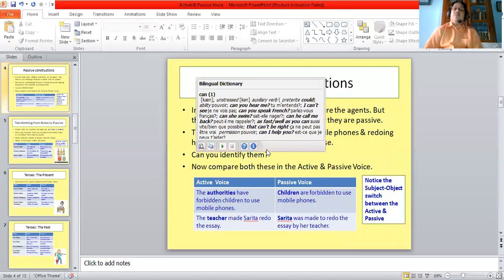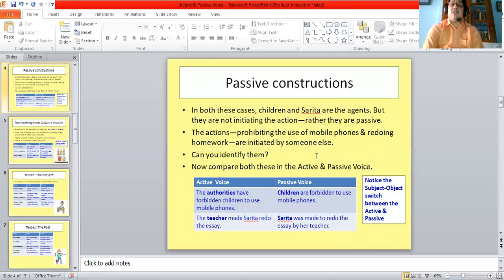Okay, please do note the subject-object switch between the active and the passive, which takes place whenever there is a switchover or transformation. The subject of the verb in the active voice becomes the object in the passive voice and vice versa. So we can say that there is always a subject-object switch taking place whenever there is a transformation from active to passive.